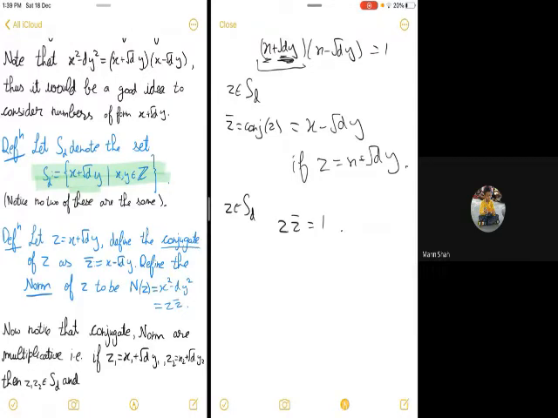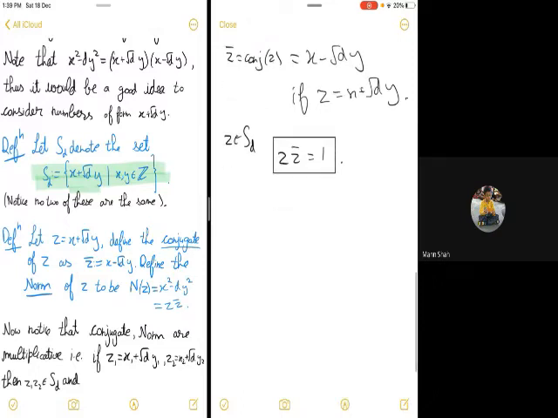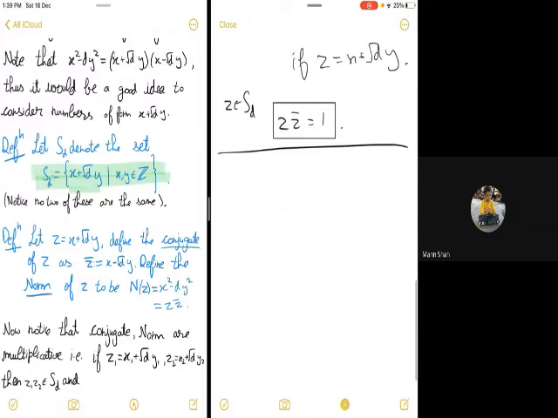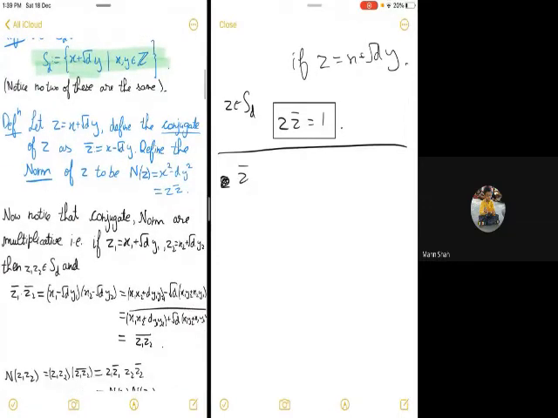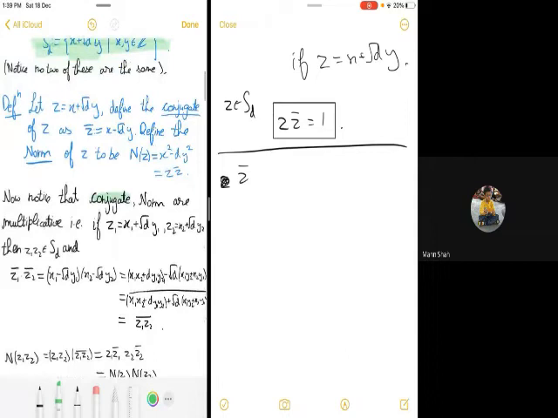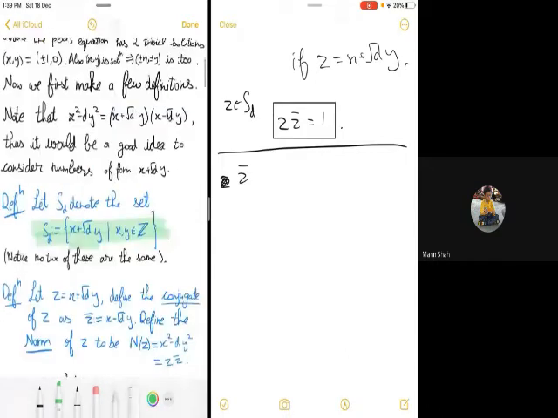Now, just like in complex numbers, conjugate has some nice properties. Conjugate is multiplicative.